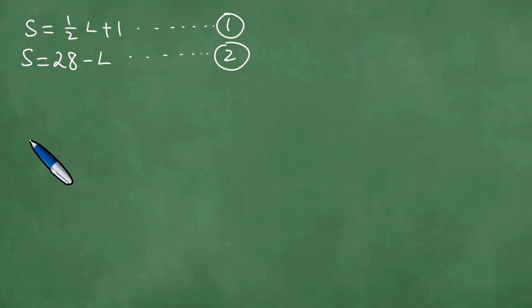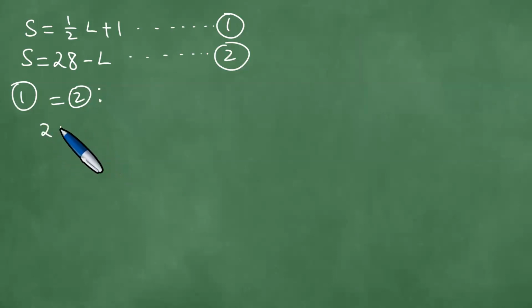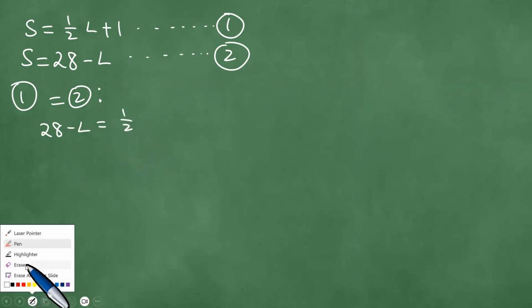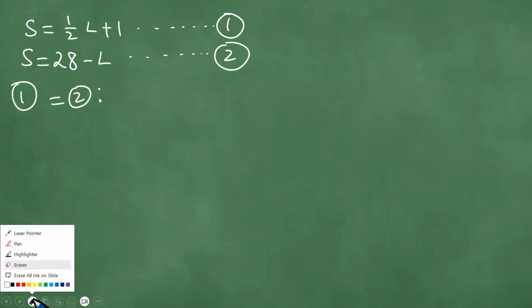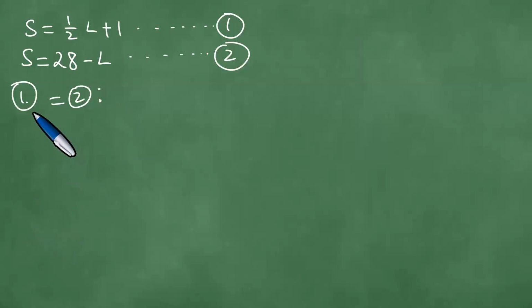We can equate 1 to 2 because they are both equal to S, so that 1/2 L plus 1 equals 28 minus L.